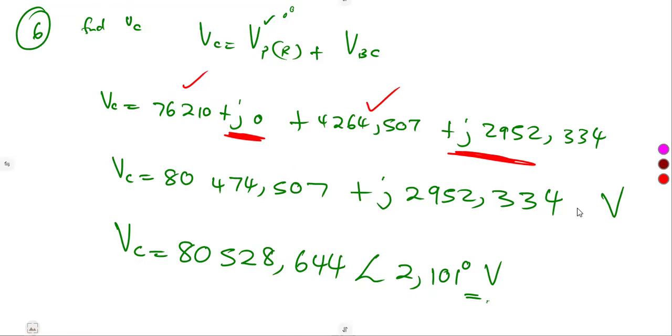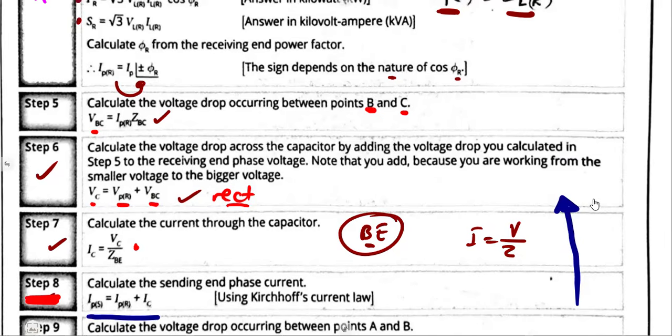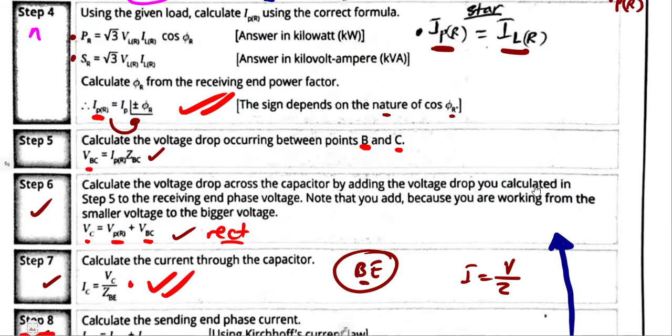This can help us to find IC, the current across the capacitor. All these steps, what we needed is to find the current IC, which is to be added to the one that we calculated in step 4, the current on the receiving end. That is the importance of all these steps.